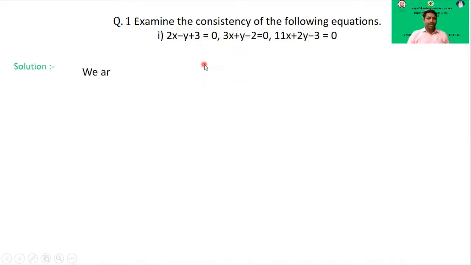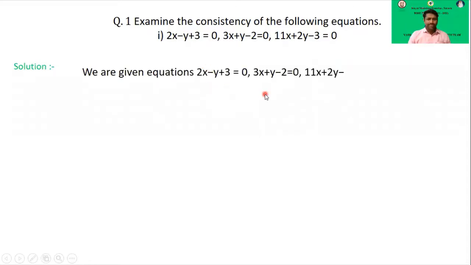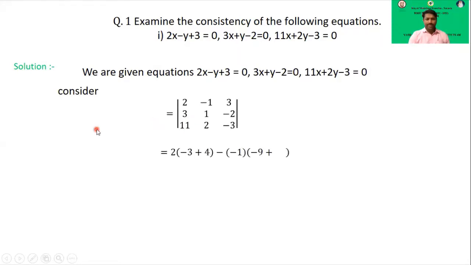So solution. So we are given equations. Now we consider if this determinant is 0, then we can say that the equations are consistent. So this is now 2 minus 1 3 coefficients, 3 1 minus 2 and 11 2 minus 3.